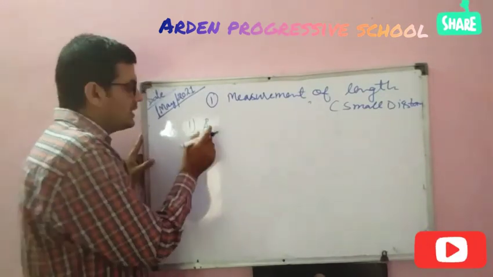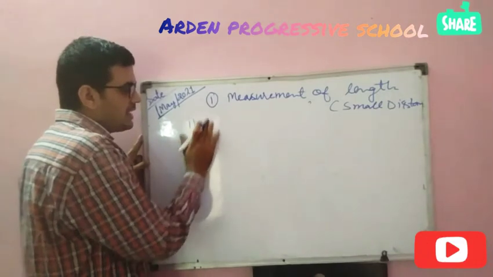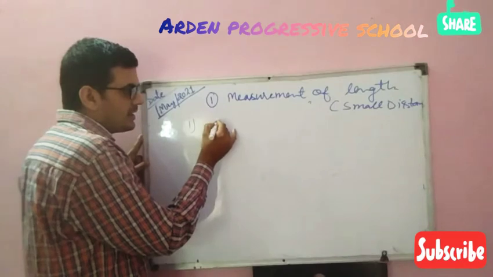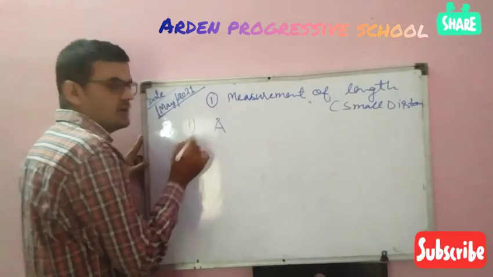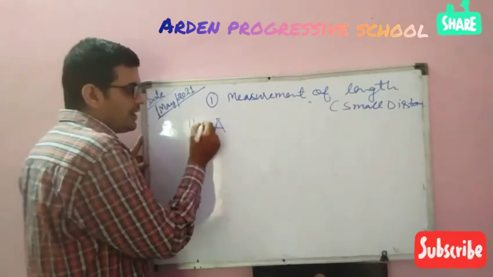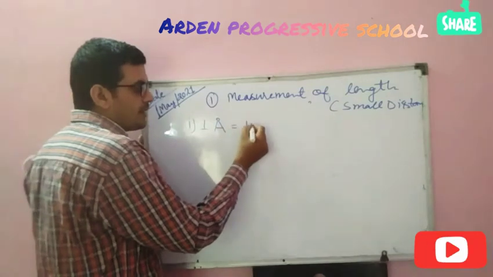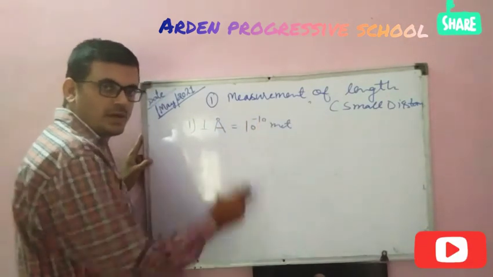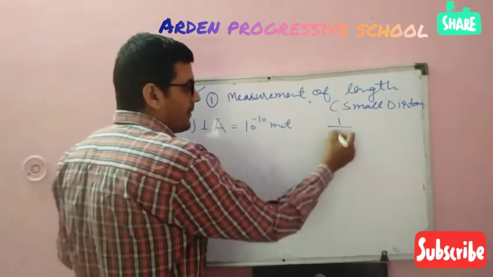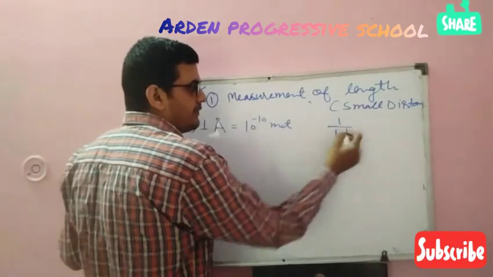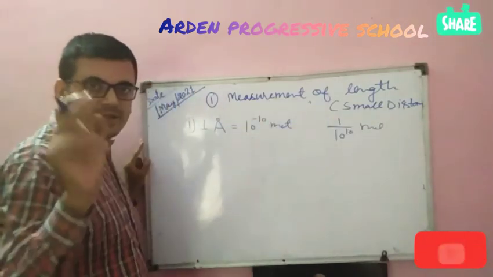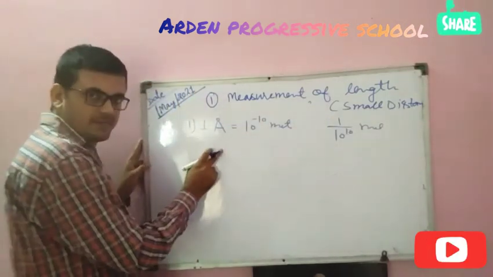I have written A with a small circle at the head, like this. 1 angstrom is equal to 10 to the power minus 10 meter. It is the 1 upon 10 to the power 10th part of 1 meter. The 10 to the power 10th part of 1 meter is called 1 angstrom.